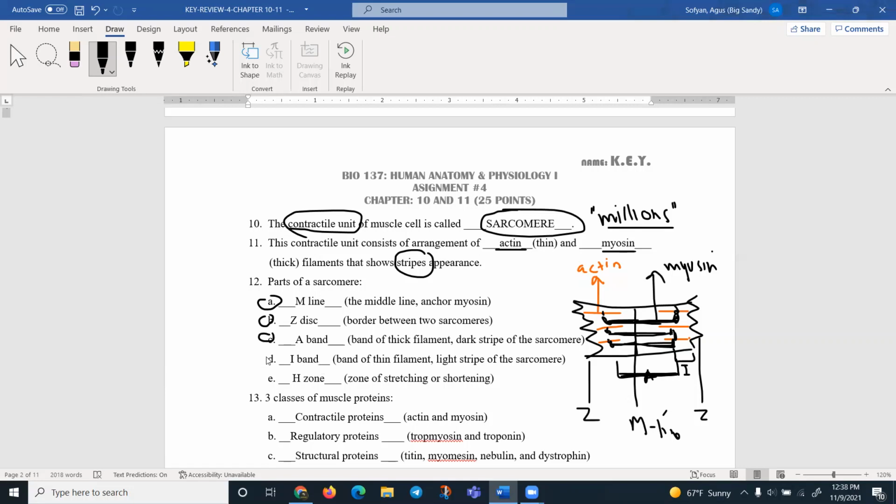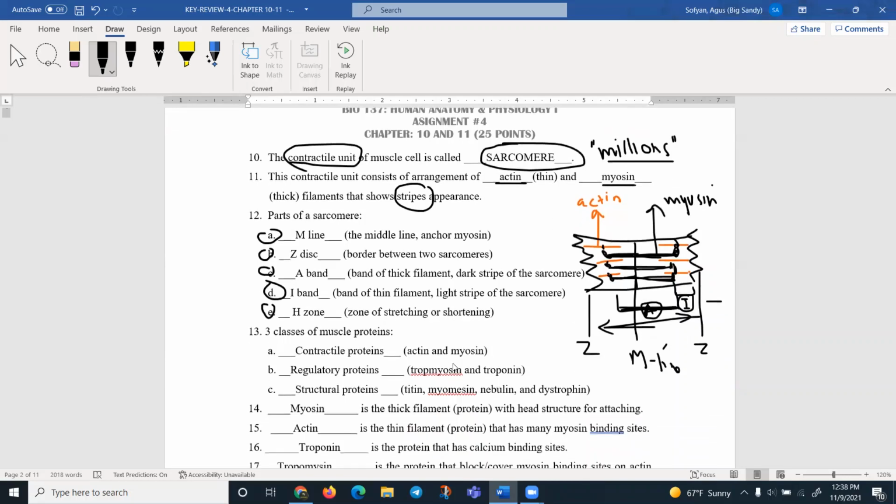This is going to be the I band. And then the edge zones will be the zone of stretching, between this Z-disc and the other Z-disc. So these are the parts of the sarcomere that you see under the microscope. It's going to be stripes because of the A and I bands. Darker, lighter, and then darker, lighter.